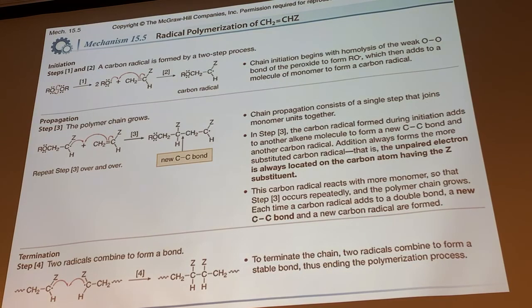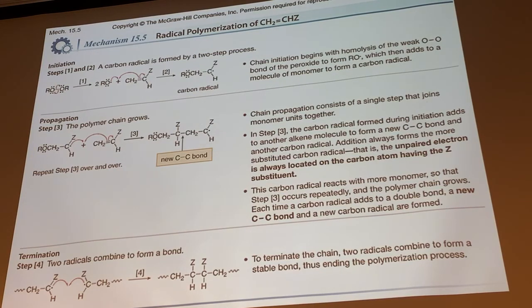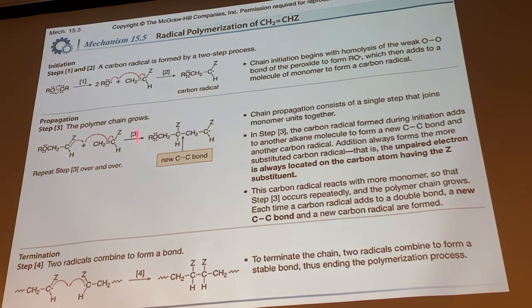Even though you have these differences in your chains and different chain lengths, the bulk properties of your polymers are going to be very similar to each other because the minor differences in the chains are going to be negligible compared to the long regions of those chains that have the regular structure that comes from repeated propagation steps. So no two polymer molecules are going to be exactly the same, but they're going to be similar enough that their bulk properties will be similar.